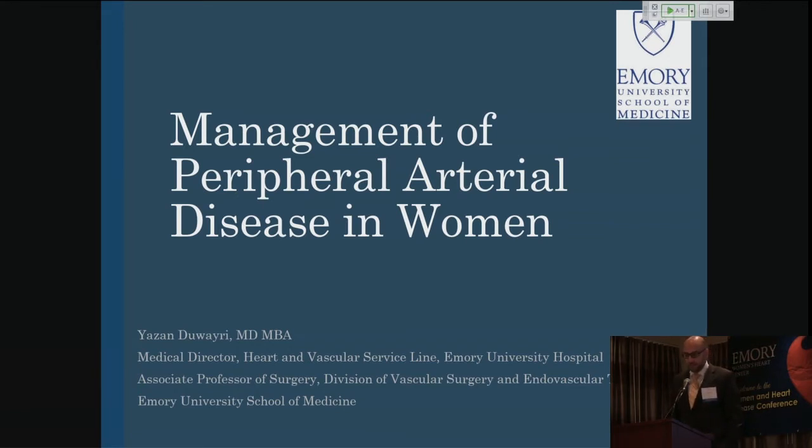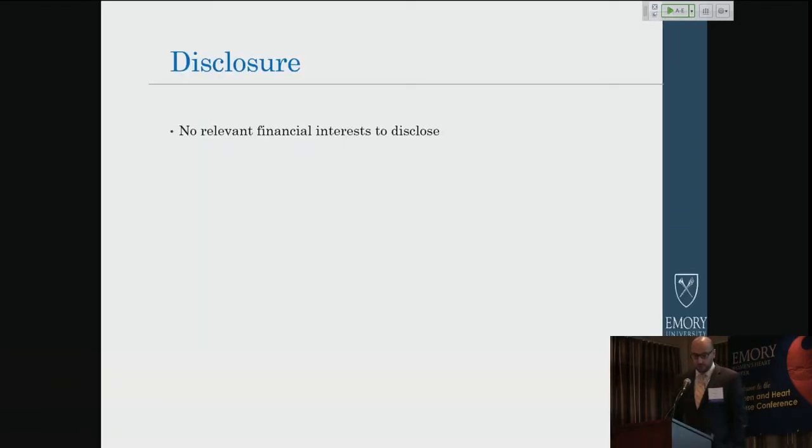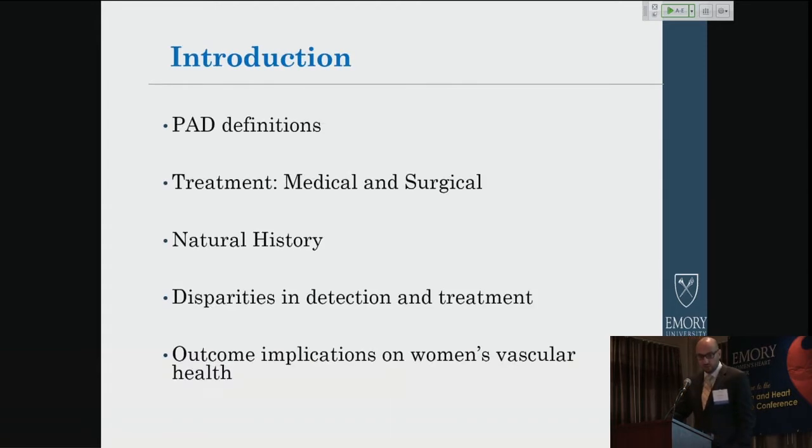So I'll try to cover a very broad topic, which is management of peripheral arterial disease in women. I'll start with my disclosures. I do not have any relevant financial disclosures, but I'll try to cover a few things here, largely related to PAD, peripheral arterial disease in general, as it relates to its detection, treatment, and how we evaluate the outcomes, and looking at the natural history of peripheral arterial disease.